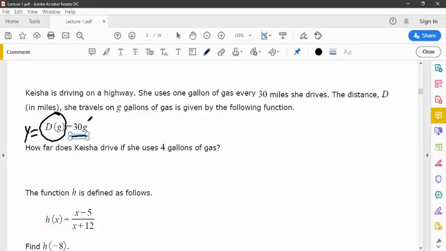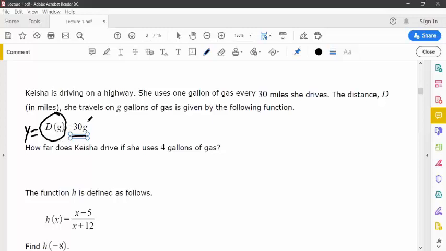So in this case, it says Keisha is driving on a highway. She uses 1 gallon of gas every 30 miles she drives. So that's where we have d of g equals 30g, 30 representing the miles she drives per gallon. The distance d in miles she travels on g gallons of gas. Notice g represents the gallons of gas. So now we're going to evaluate the given function.